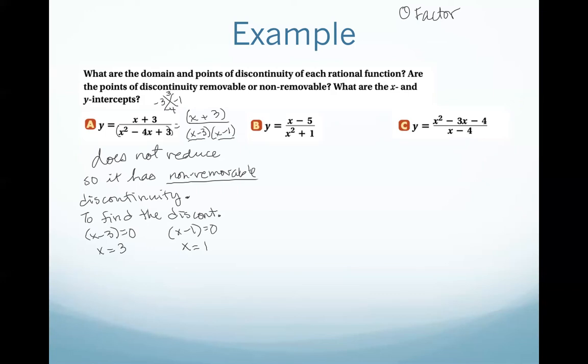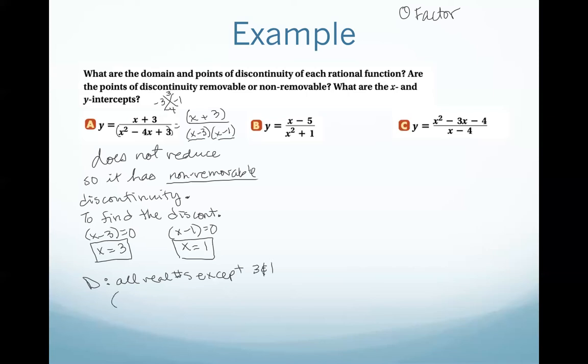Okay, here's 1, and we know they're non-removable because we could not simplify it. So my domain, it's going to be all of the numbers except for the ones that we just said we can't have. So our domain is all real numbers except 3 and 1.